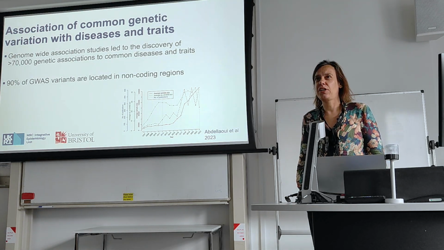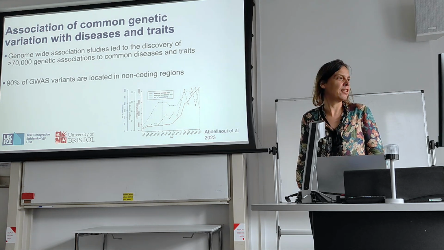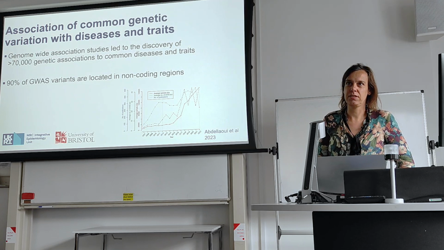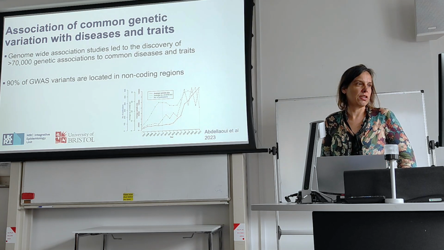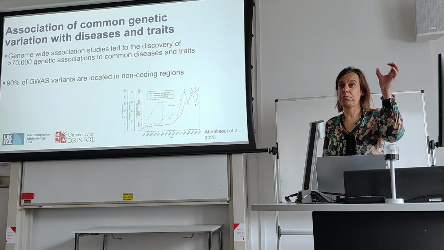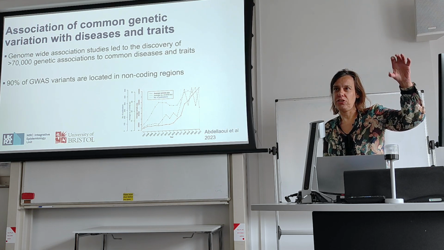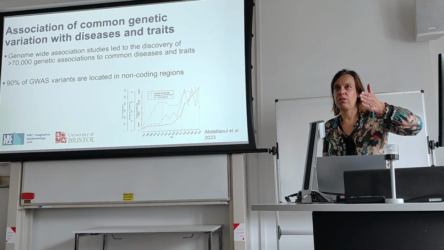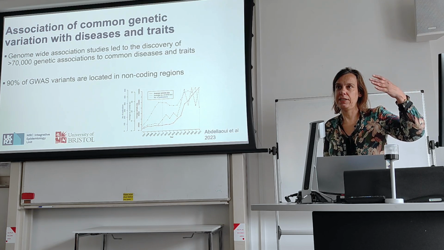And it has led to more than 70,000 genetic associations to common diseases and traits, for example, type 2 diabetes, blood cell counts, BMI, etc. However, this is a massive advance over the years. 90% of those genetic variants are located in non-coding regions. So they're not located in a particular gene, but outside the gene. And therefore, we don't know what they're doing. So although we find an association, we don't know what kind of mechanism is behind that.